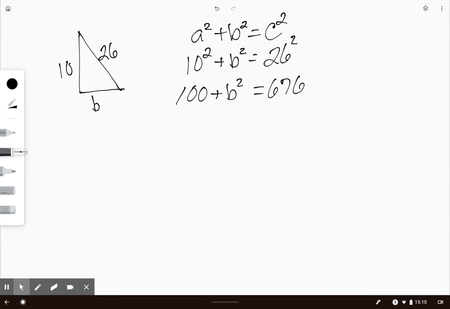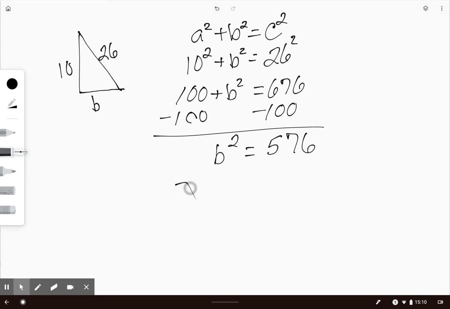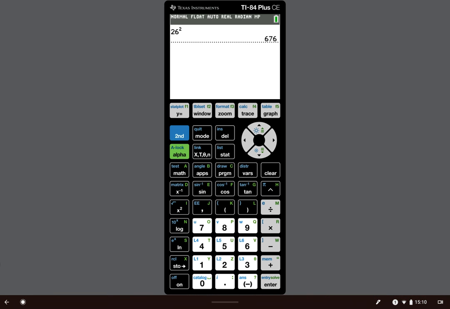So 100 plus B squared equals 676. So now I subtract 100 from both sides because everything's about inverse operations when we're doing equations. So now I have B squared equals 676 minus 100 is 576. Then I take the square root of both sides. So I'll go back to my calculator here.